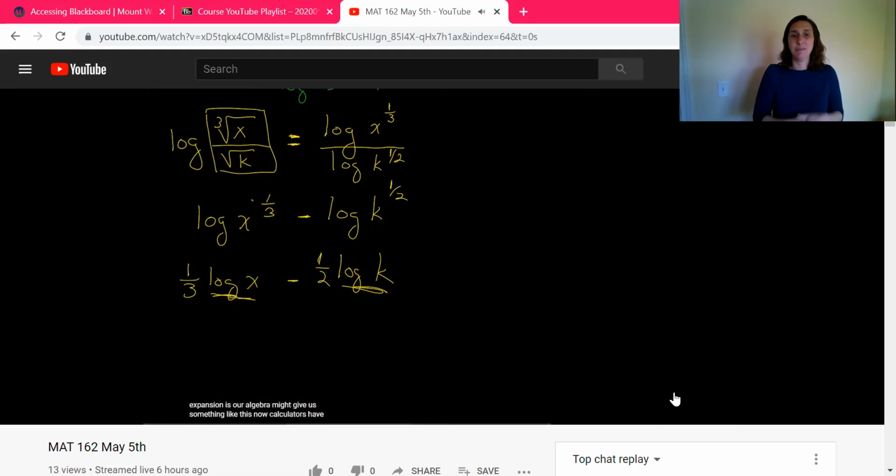Now, calculators have made it slightly easier for us to do some of these because the calculators take the formulae for us and answer them out. But one of the things about expanding and collapsing logarithms that will be very, very helpful is that it saves how much you have to type on a calculator. So this one here, log, and then you have to hit this key, put the 3 in x.